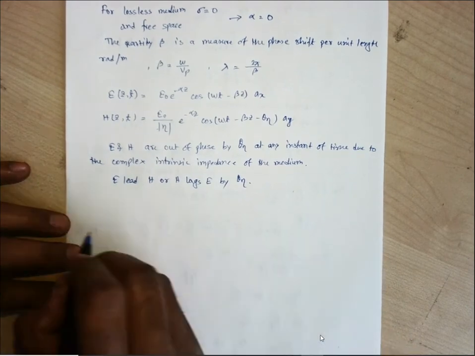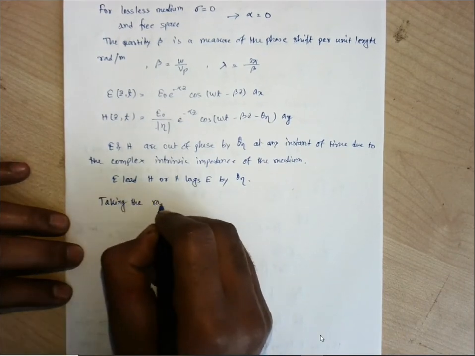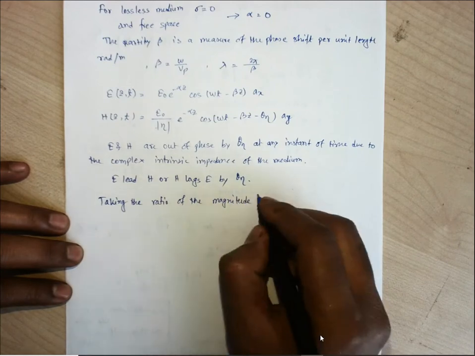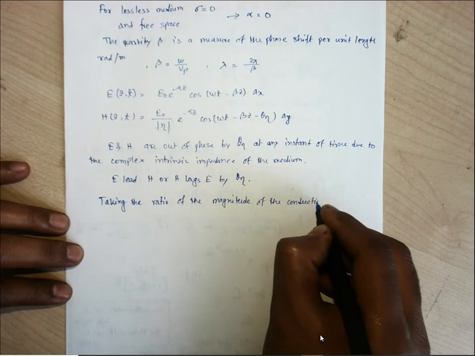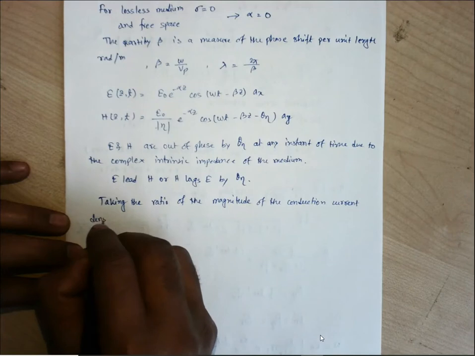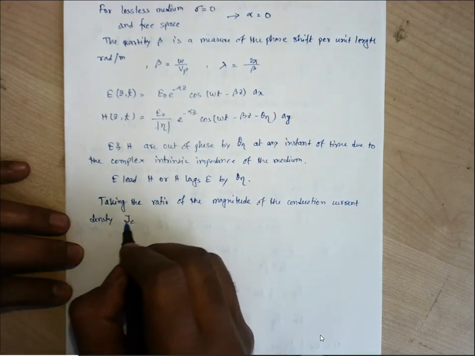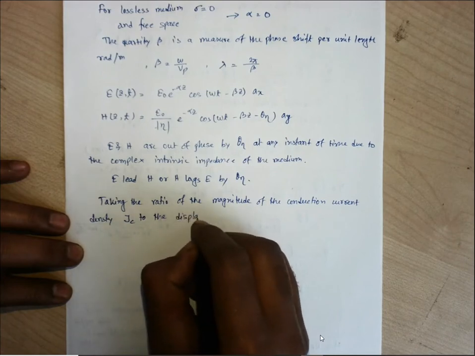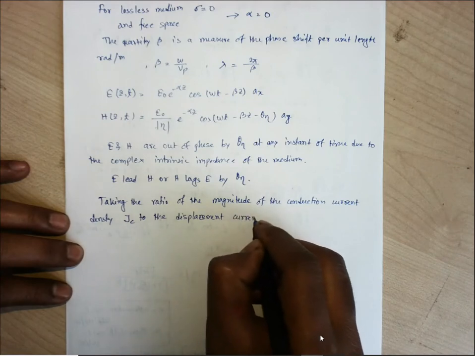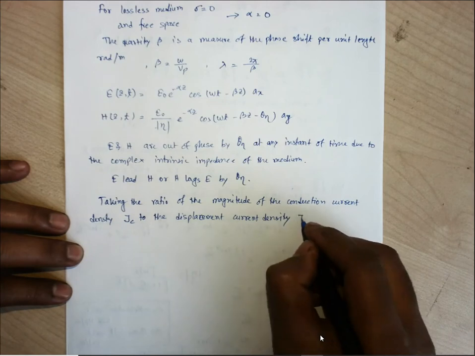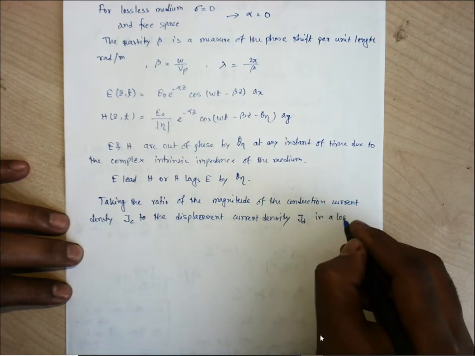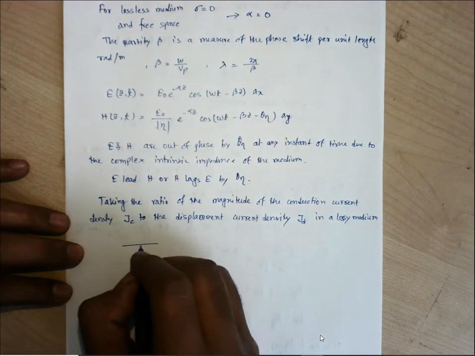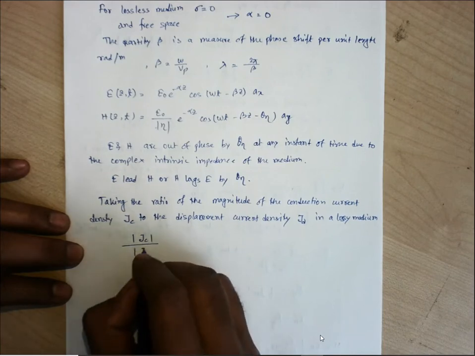Okay, now if you take the ratio of the magnitude of the conduction current density JC, I previously wrote J, but for better understanding I am writing JC now, to the displacement current density JD in a lossy medium, that is the magnitude JC by JD.